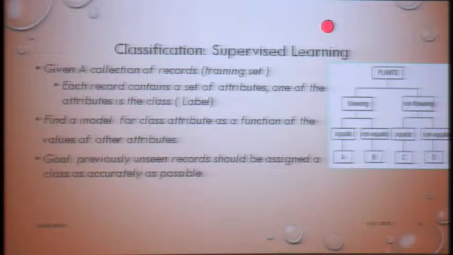Every flower of A will have these types of properties. If we can classify all the plants of B, C and D with these features, that is, attributes, properties or features of a class. So in supervised learning we start with a class or label. Find a model for the class attribute as a function of the values of other attributes.